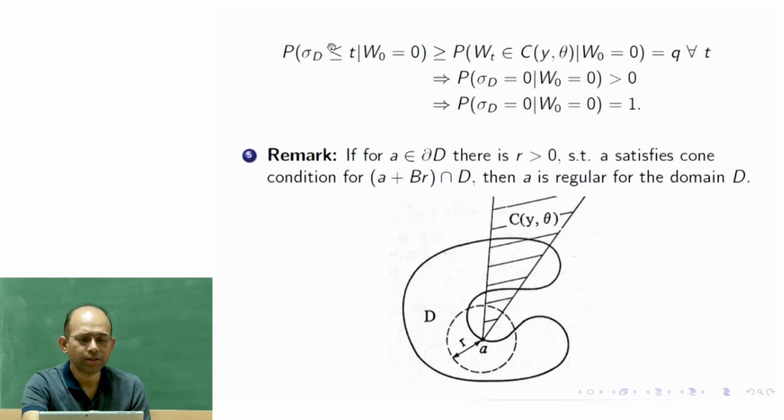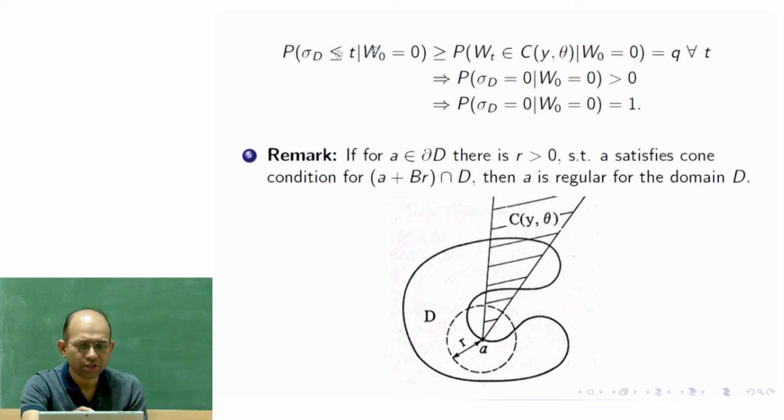Sigma_D being less than or equal to t means that Brownian motion leaves the domain at or before time t. However, here we are just saying that W_t is in this cone. This event is a subset of that one, because leaving the domain can happen in many different ways, and this is only one particular way.